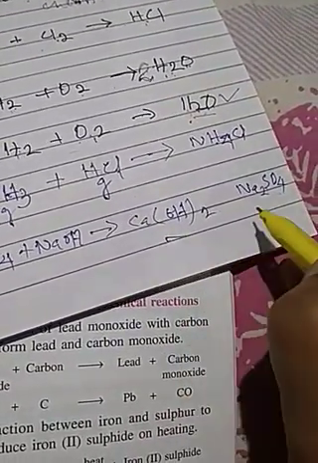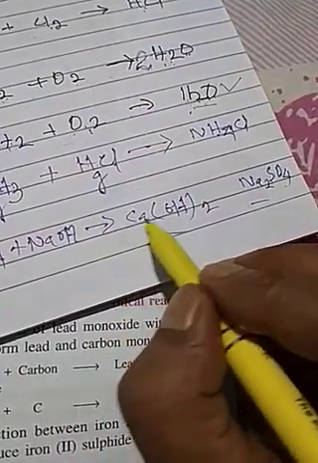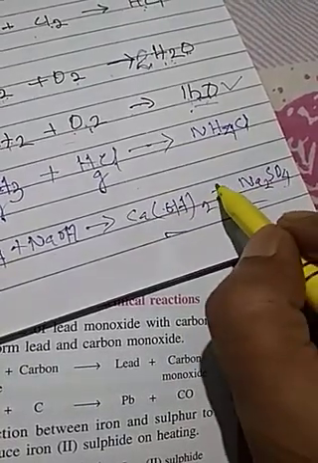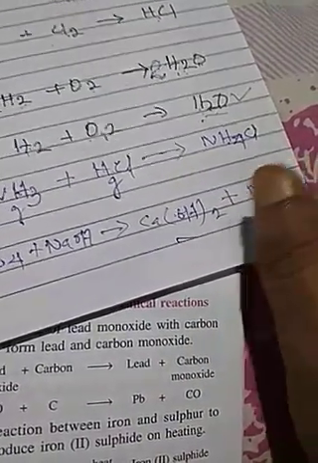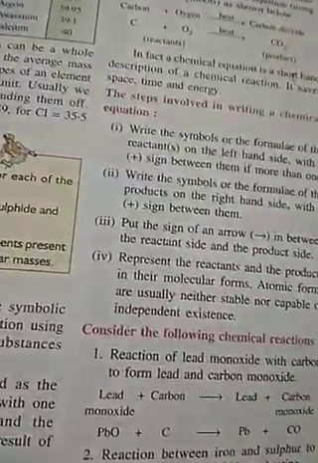Here two products are formed. So after this arrow, in between these two products we put a plus symbol. Sometimes this plus may be needed or may not be needed.